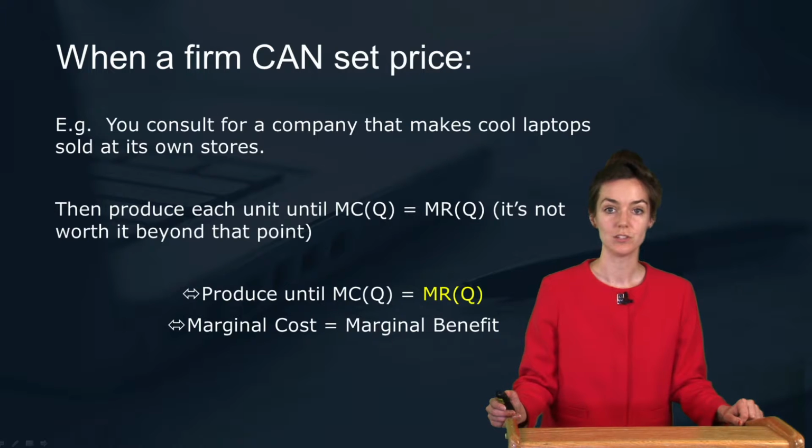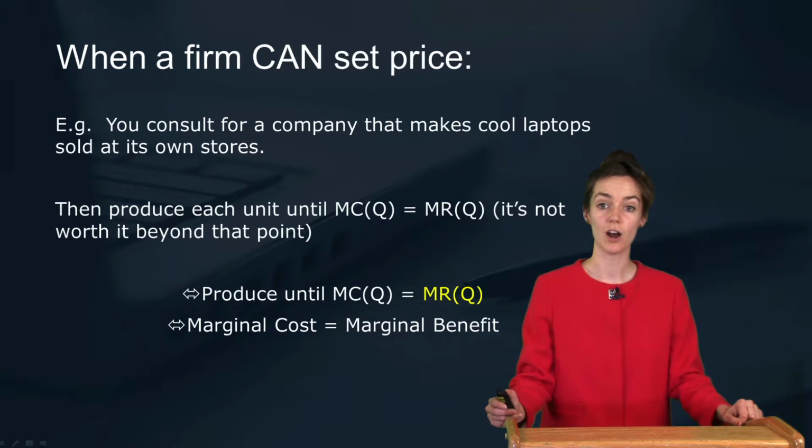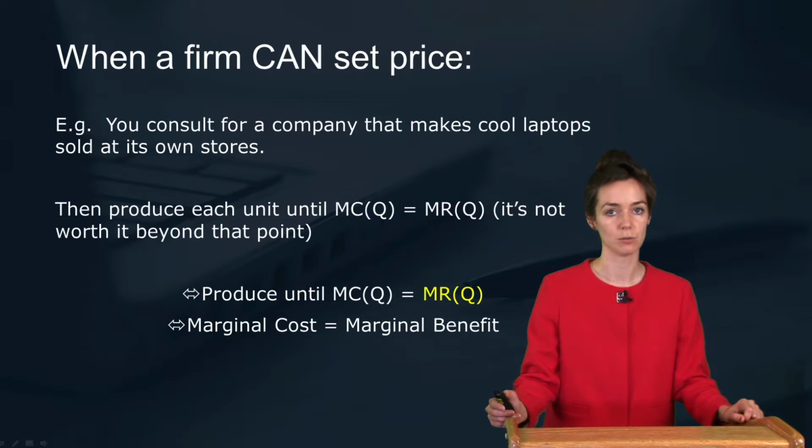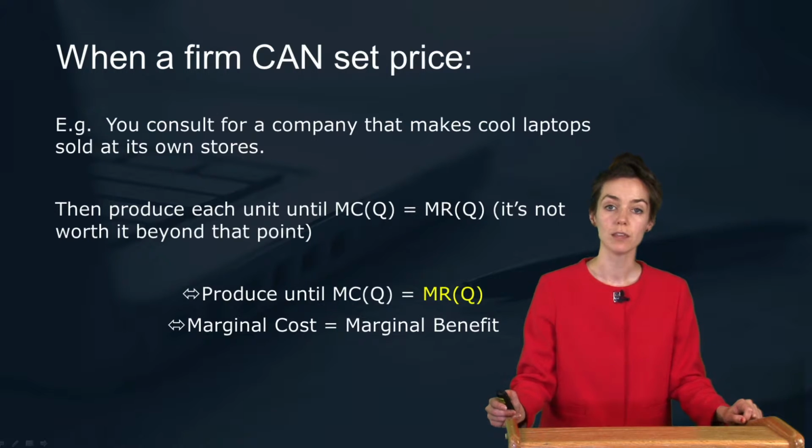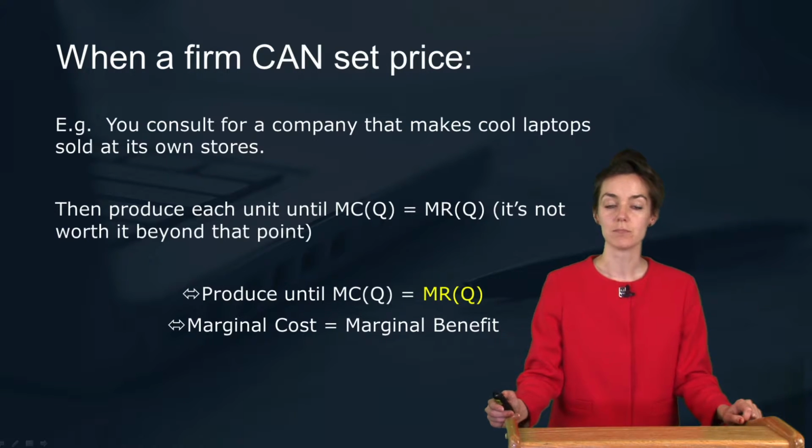And we're going to produce each unit until marginal cost equals marginal revenue. If we produce beyond that, it's not worth it. And that's exactly what we saw in that graph on the previous slide. So that becomes our profit maximizing condition. Marginal cost equals marginal revenue. And we can think of marginal revenue as actually the marginal benefit of selling that unit.